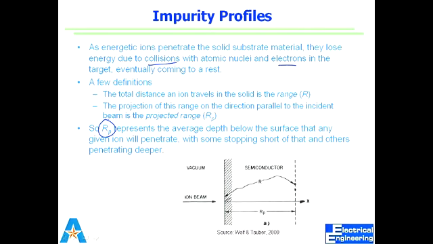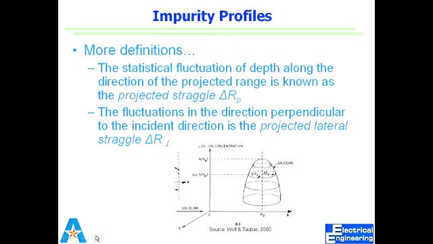That is known as the projected straggle, ΔR_P. That's the fluctuation of depth along the direction. But there is also a fluctuation perpendicular to the direction, which is called lateral straggle.